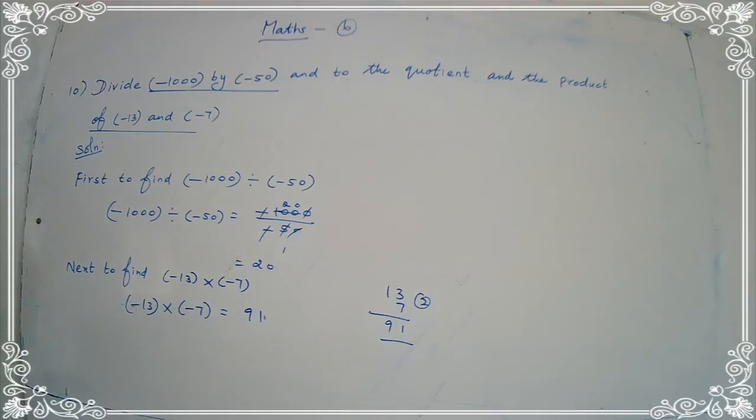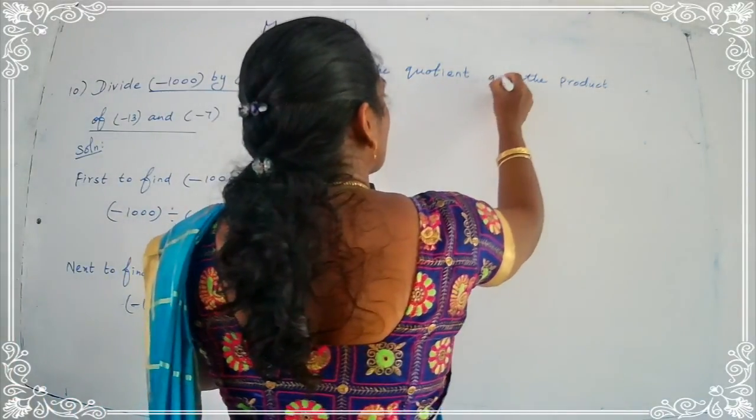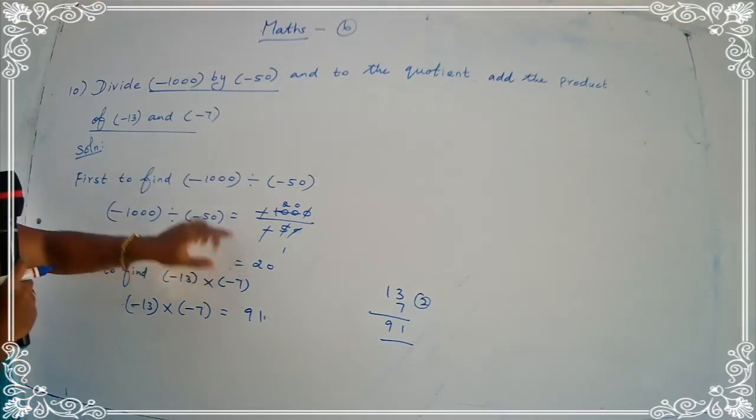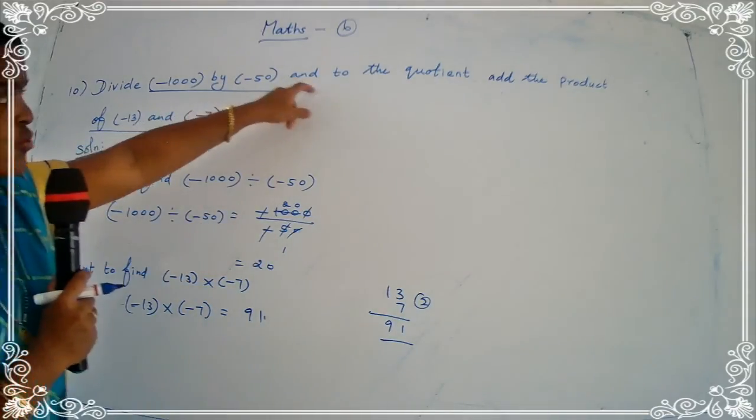Divide, and to the quotient add the product. Sorry, here it is not 'and', it is 'add', okay? Okay children, now you see, divide minus 1000 by minus 50, the value is 20.